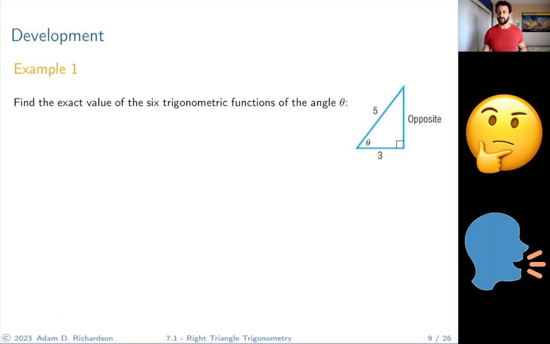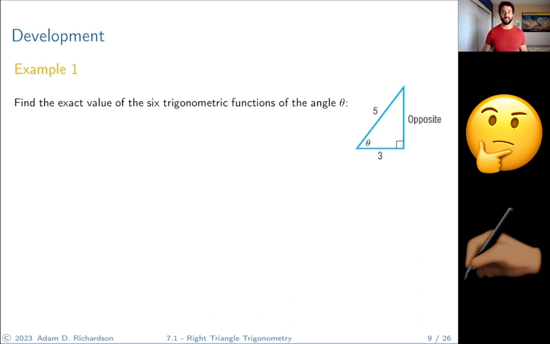Okay, now what I want you to do is I want you to say SOHCAHTOA out loud to yourself and what SOHCAHTOA represents. So what does that mnemonic actually stand for? All right, now you try this one on your own. See if you can come up with the value of all 6 of those trig functions using SOHCAHTOA, and then we'll do it together.